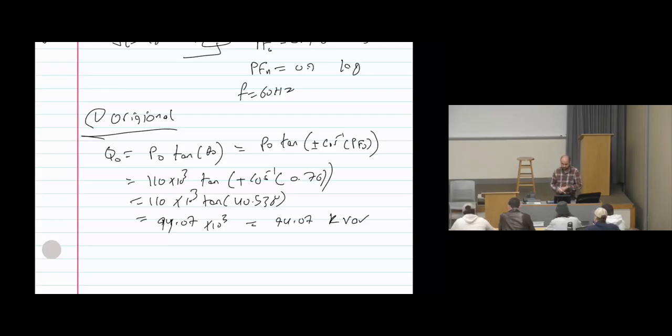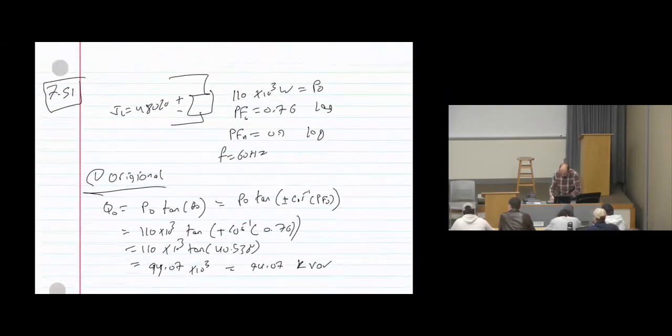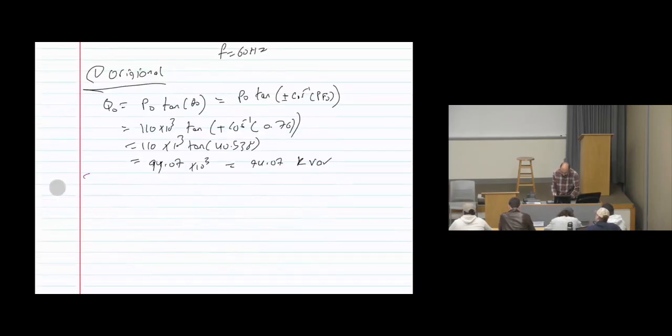Let's go to the next case, which is when we add the capacitor. So the capacitor bank will be added in parallel to improve the power factor. So how do we do this? Basically, step number 2, the new case when we add the capacitor. Q new is very similar to the original: Qn equals PO times tan of theta n.